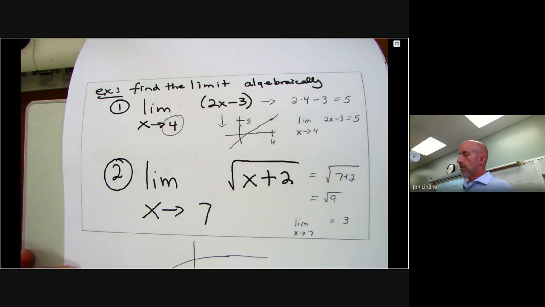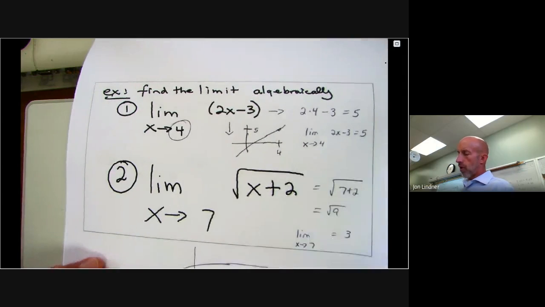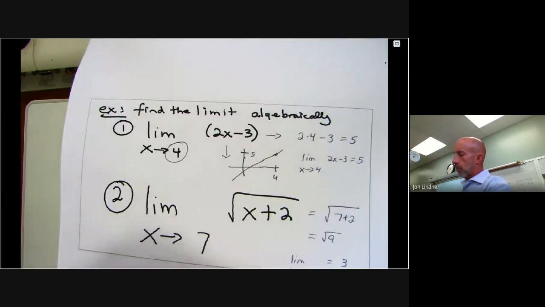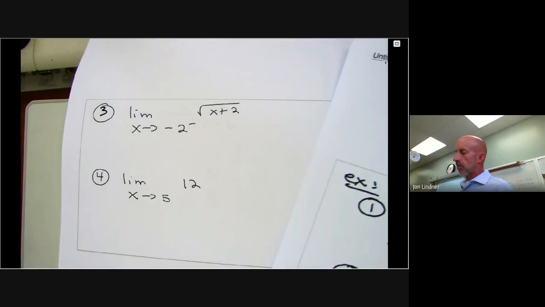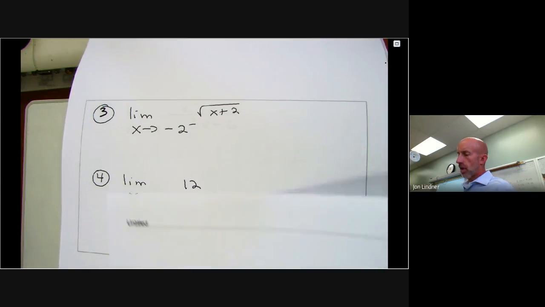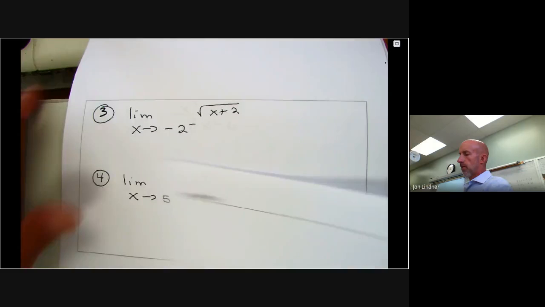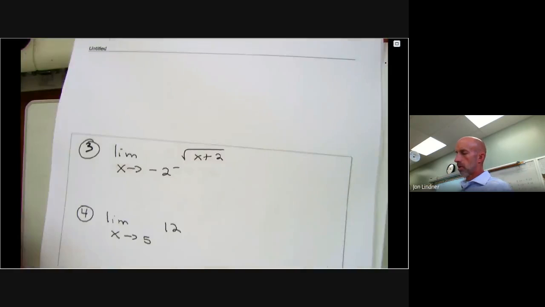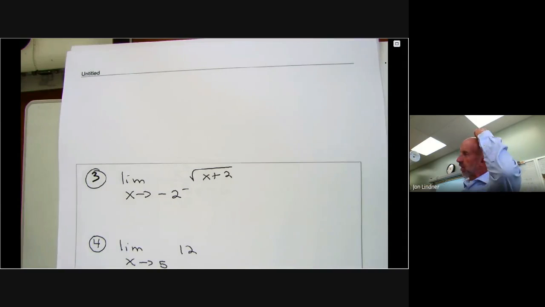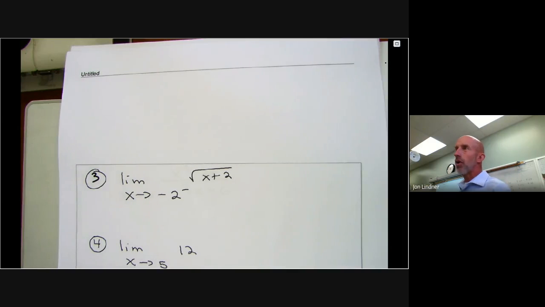Make sense? But what I wanted to throw at you is, what if we approach a different number with this same function? Like number 3 here. What if we did this same function, but we looked at it as the limit as x approaches -2 from the left? This is why you have to know your functions and you have to know what they're doing.